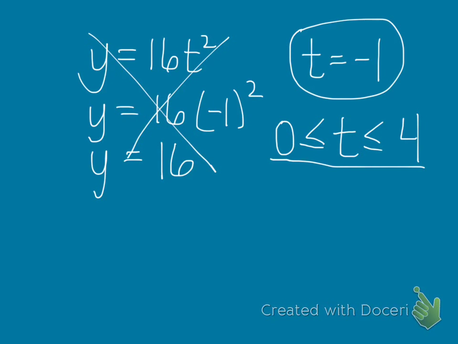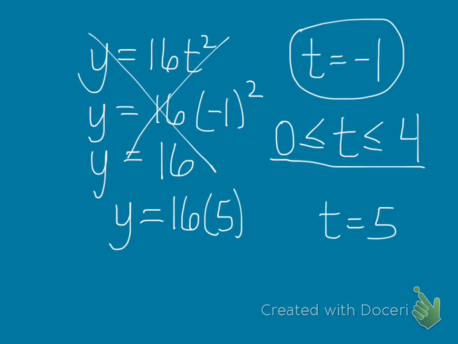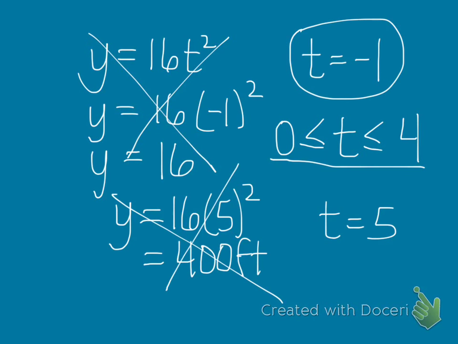Another calculation that wouldn't make sense would be this. What happens at t equals 5 seconds? We can get a value for that: 16 times 5 squared, or 16 times 25, which would be 400 feet. But this also isn't going to make sense because our stone is being dropped from a height of 256 feet, and that's as far as it can fall.